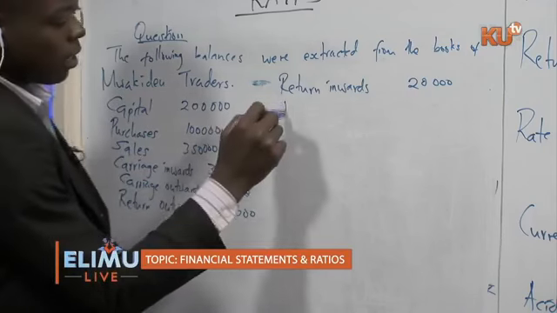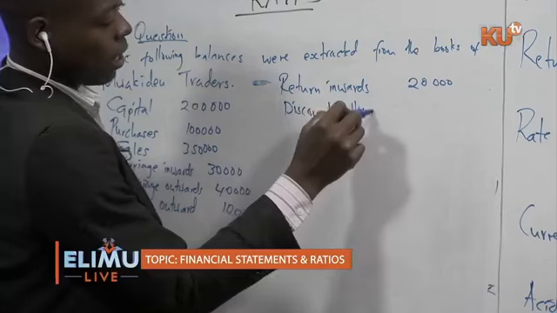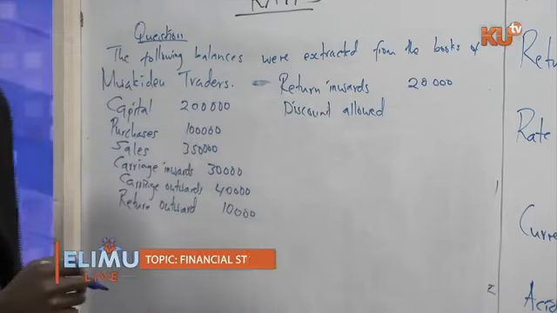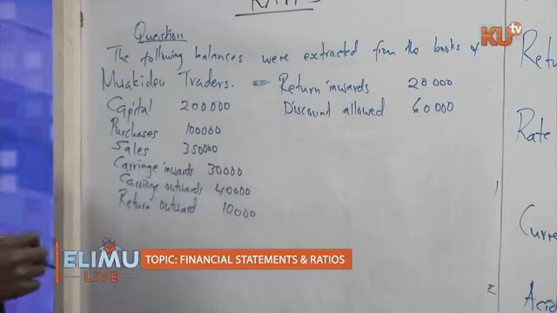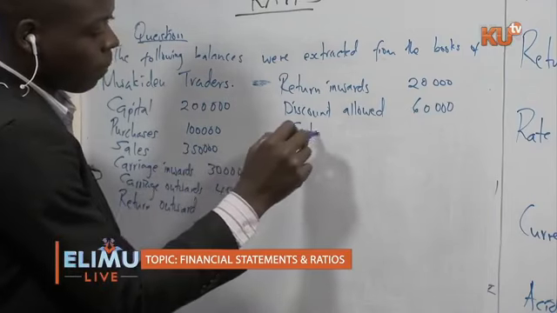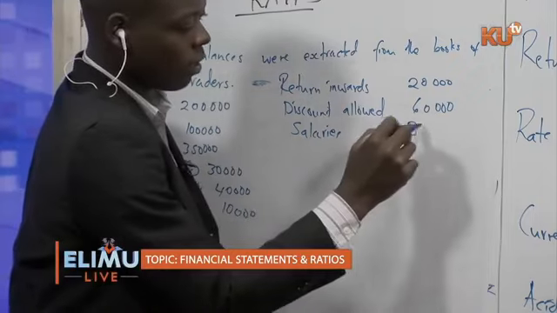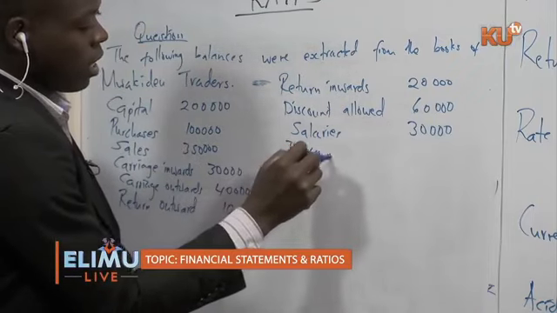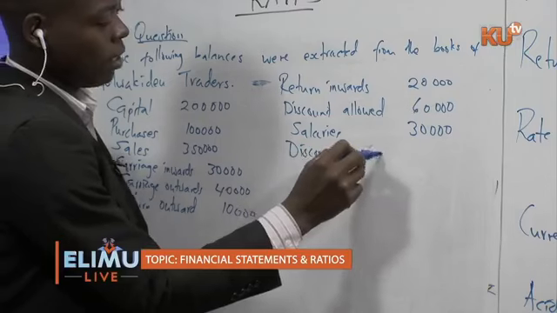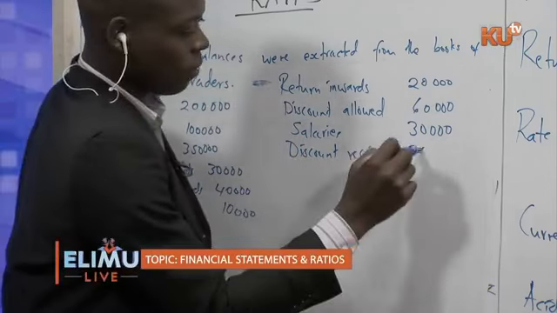And then we have discounts. We have discount allowed, given as 60,000. We have salaries, given as 30,000. We have discount received, which is given as 20,000.